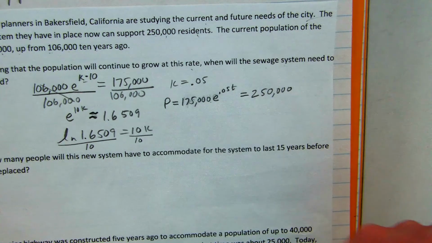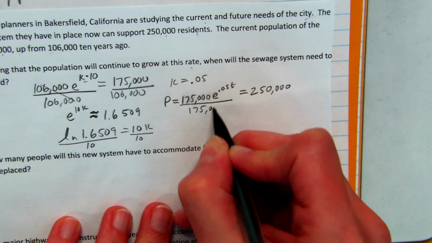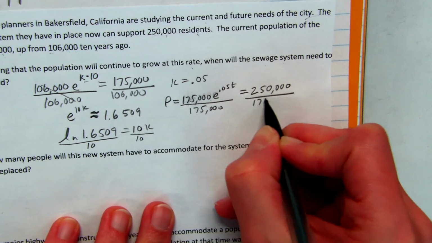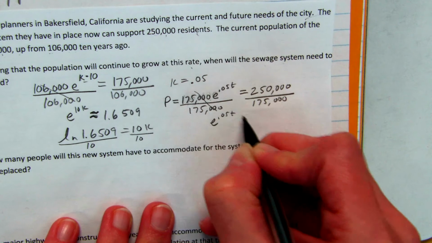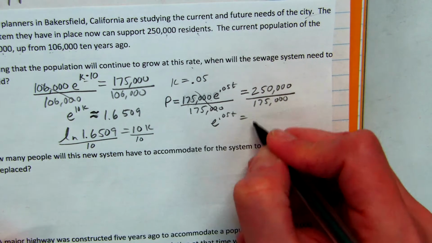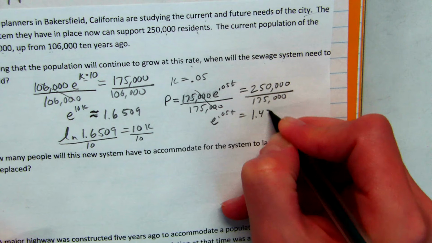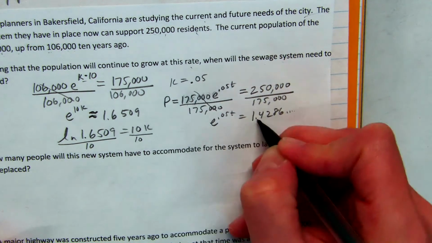It solves just like all the others we've done. We divide by the number that's in front of the e first. So you divide by 175,000. You have e to the 0.05t equals whatever that number is, which I have as about 1.4286. It keeps going, it's a few decimals.